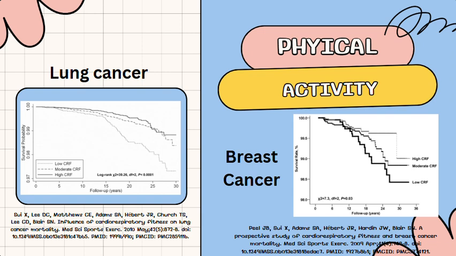So just as increased cardiorespiratory fitness can be protective in lung cancer, it can also be protective in breast cancer. So across the board, having higher cardiorespiratory fitness, even if faced with a significant illness such as lung cancer or breast cancer, can really help with the survivability rates.